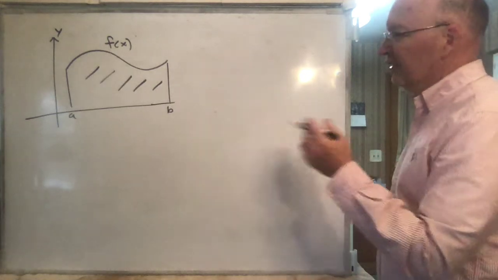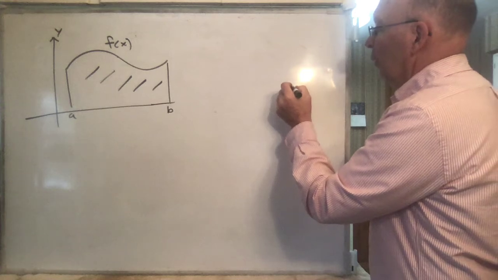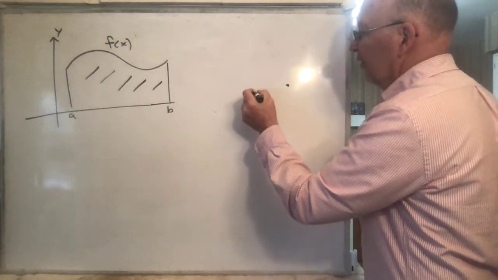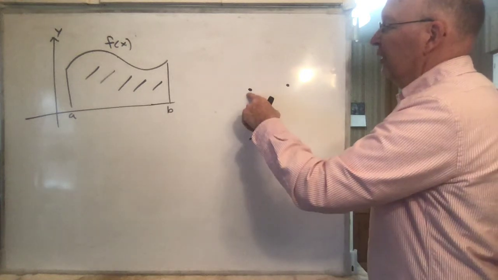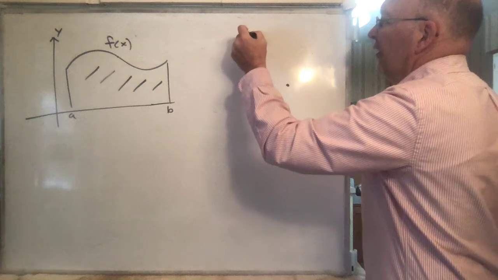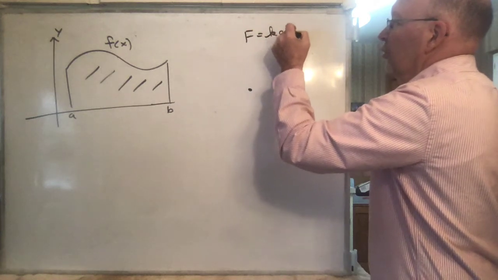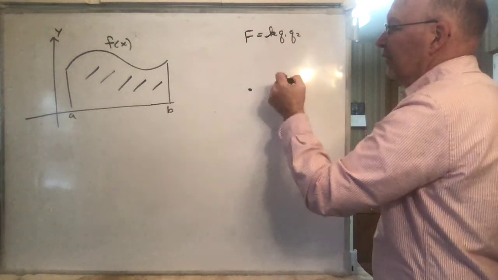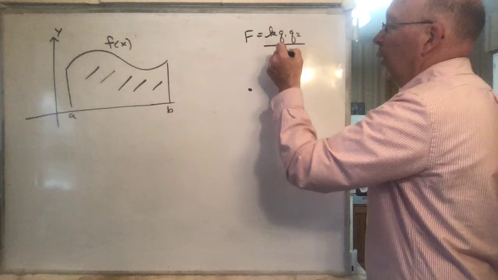So when I was in physics, after having taken Calc 2, we had this problem here. What's the force on this point right here due to this electron right here? Coulomb's law, I think it is, says that the force is proportional to the product of the charges divided by the square of the distance.